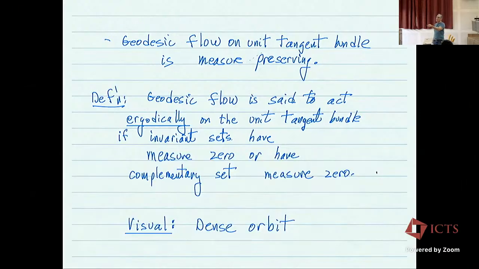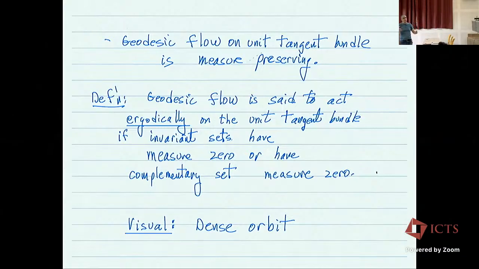So once you have something that's measure preserving, you could ask lots of questions about it. And one basic question is, how random is the behavior of a geodesic on that surface? So that could be measured in different ways. One way is ergodicity. So the geodesic flow is said to be ergodic on the unit tangent bundle if the only invariant sets are sets of measure 0, or maybe the complement has measure 0.